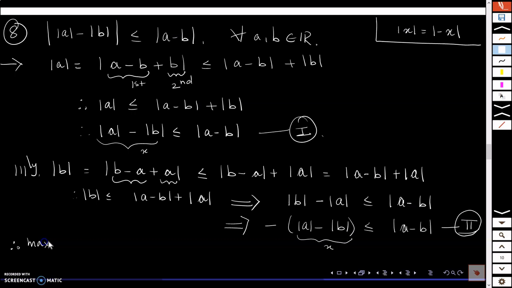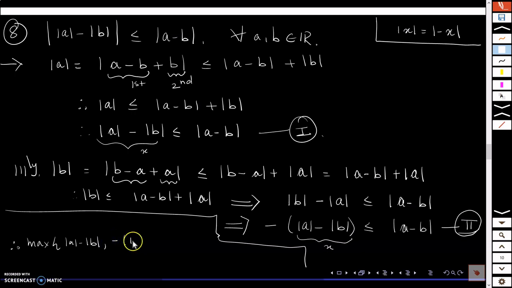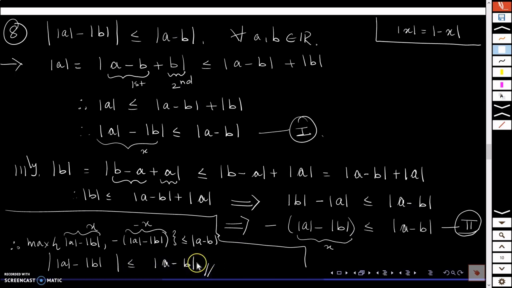So the maximum of mod a minus mod b and minus of mod a minus mod b is less than or equal to modulus of a minus b. If this is your x, then this is your minus x, right? And the maximum of x and minus x is nothing but mod x. That means the modulus of this expression. So modulus of mod a minus mod b is less than or equal to modulus of a minus b. And this proves property number 8.